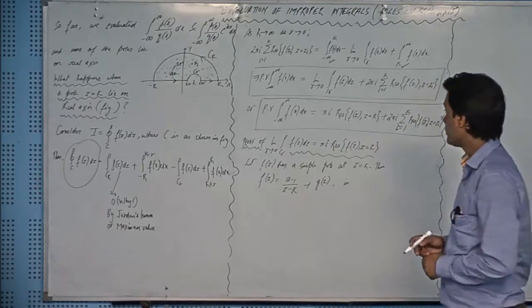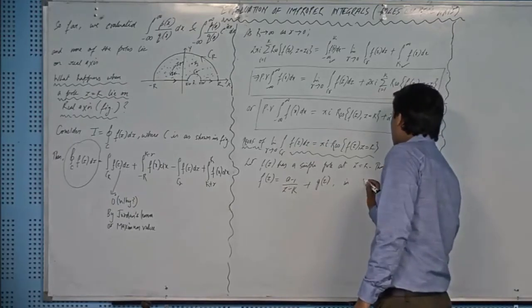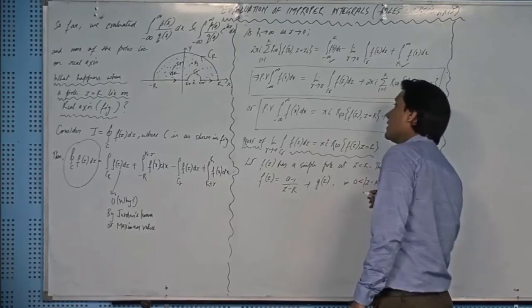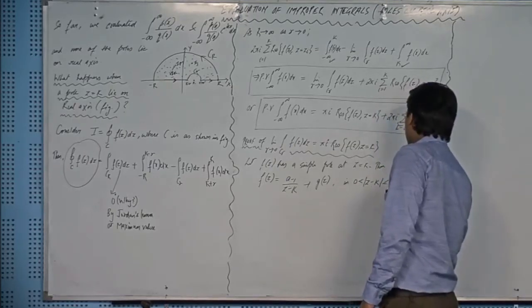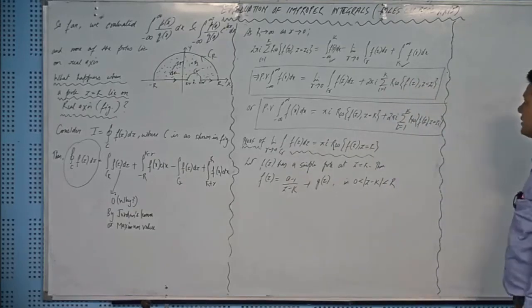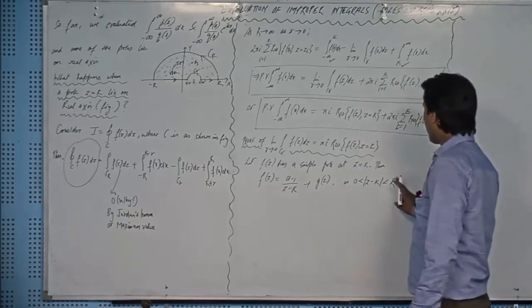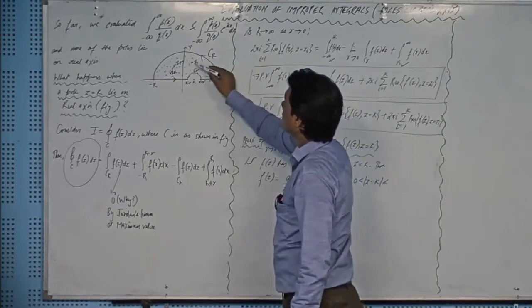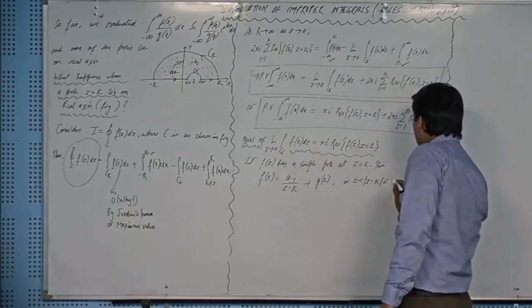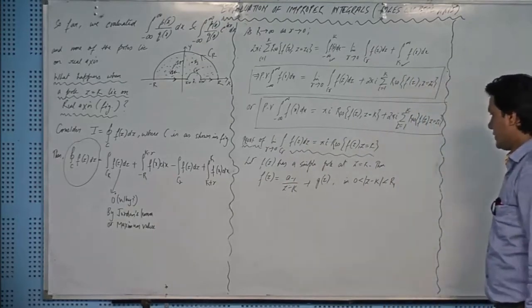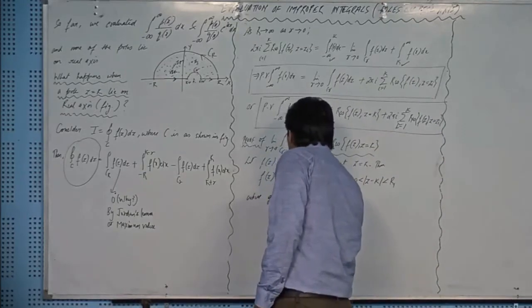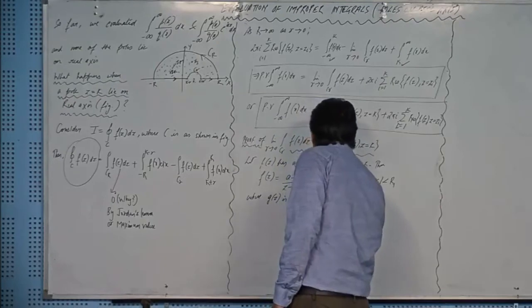So the domain is: 0 less than mod z minus k less than R1, where g(z) is analytic. I will name it R1 because capital R is used here.